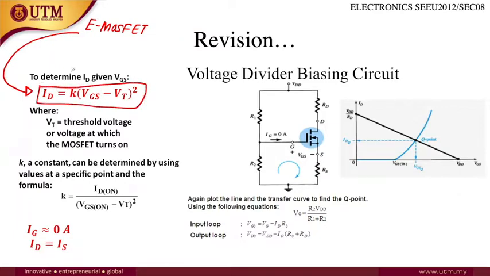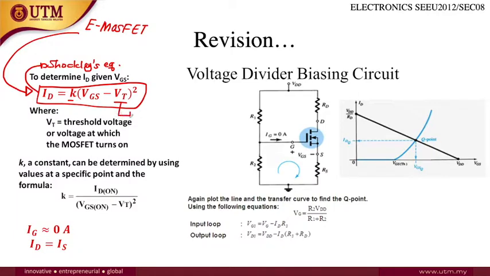This equation is also known as Shockley's equation. From this equation, you can see that K is a constant value, and also VT, which is the threshold voltage.